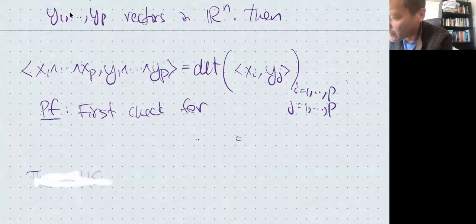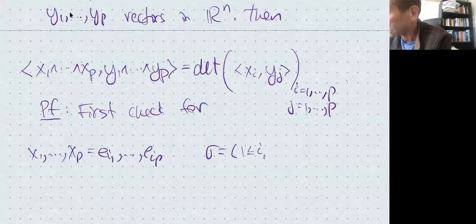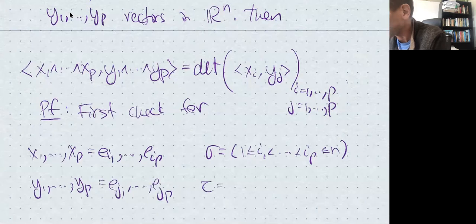The case that I want to treat first is to check for x1 up to xp being ei1 up to eip, where sigma is this multi-index, and again, y1 up to yp being ej1 up to ejp, where tau is this multi-index.